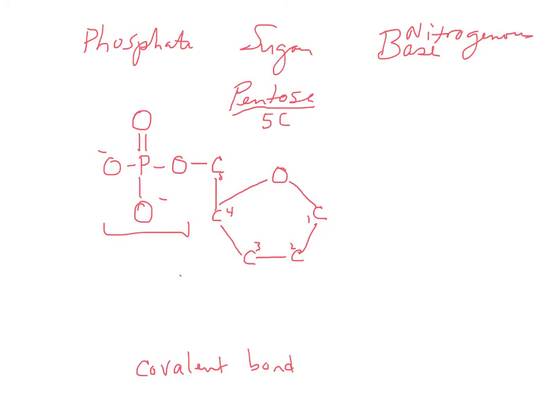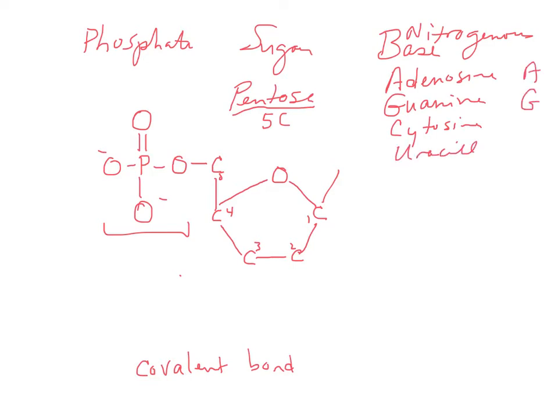And then the nitrogenous base actually comes off of this 1st carbon. And I'm not actually good at drawing these nitrogenous bases, and I won't ask you to draw them, but let me tell you what the nitrogenous bases are. They are molecules that are called adenosine, guanine, cytosine, and uracil.